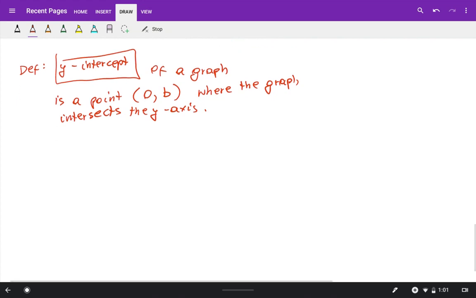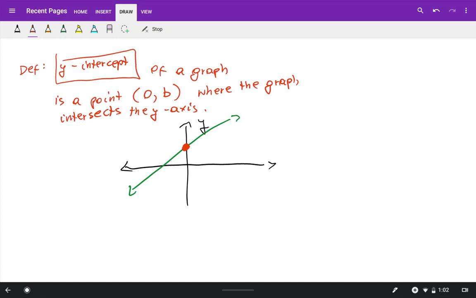So let's quickly graph it again, show the example. We have y, x. Let's say we have a graph which looks like this. Okay, that's the graph. So this point on the y-axis is the y-intercept.